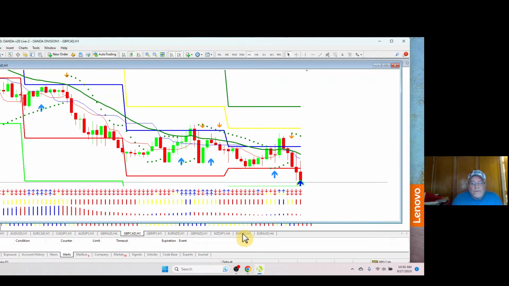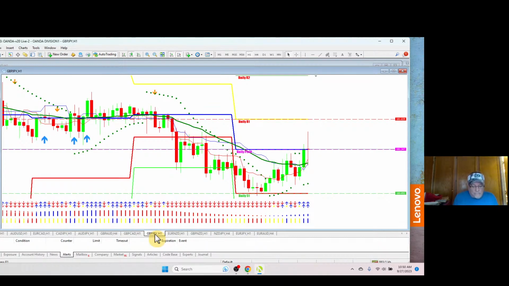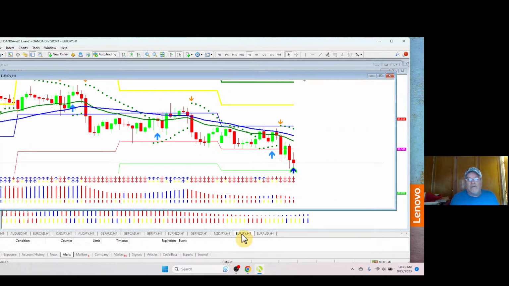Oh, yeesh. Wasn't there another? Pound yen. Let's see if that's continuing to push up. It's 10 till 11 now. Nope. But it could go sideways a little bit before it pushes up. New Zealand, that was a sell. Euro yen is not a buy yet, I don't believe. Nope, same thing.